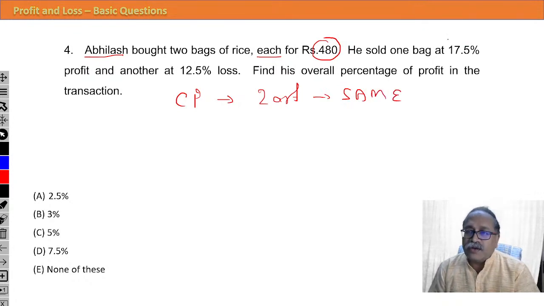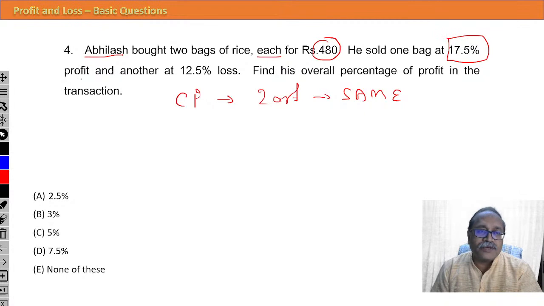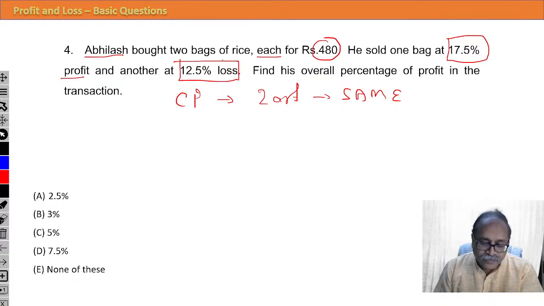And he sold one bag at 18.5% profit and another at 12.5% loss. Then you know the overall profit or loss percentage will be the average.